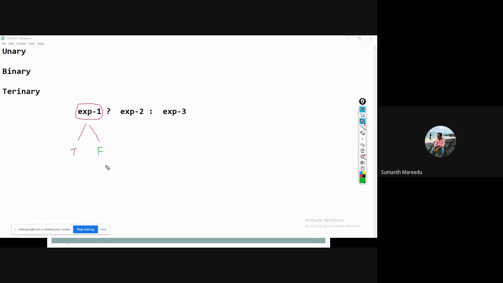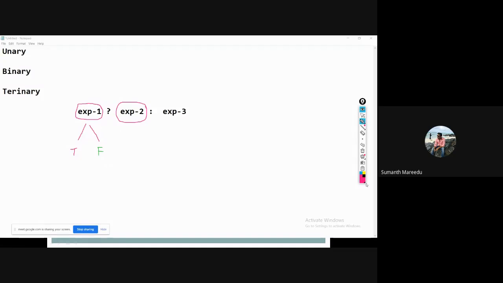If this expression 1 is true, it will go and execute expression 2. If expression 1 is true, then it executes expression 2.